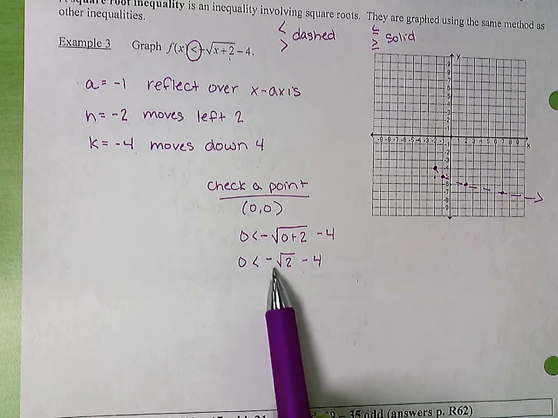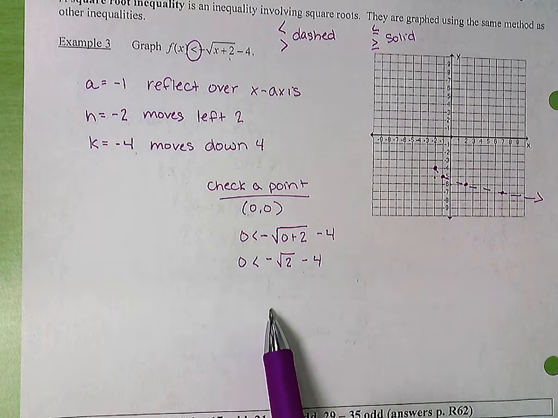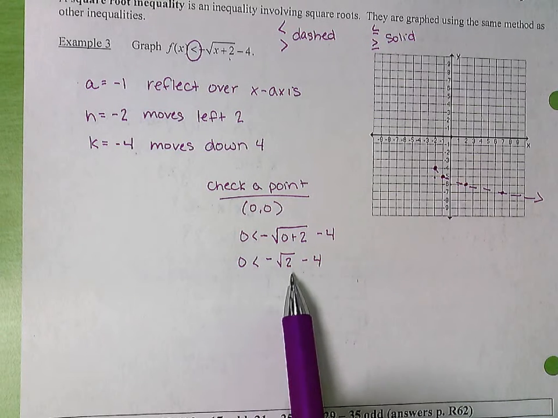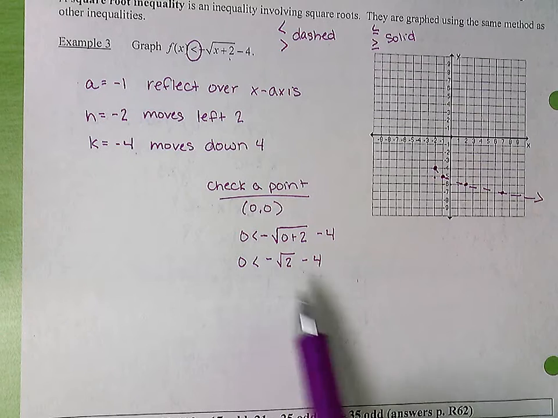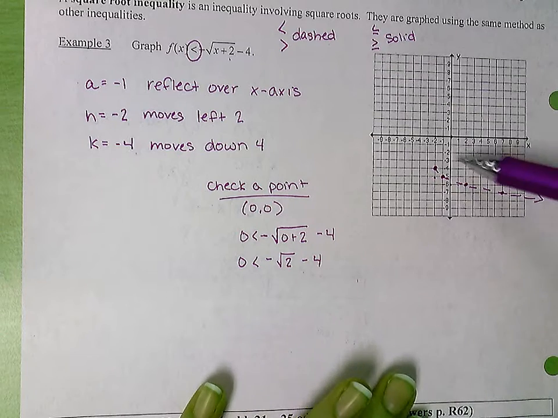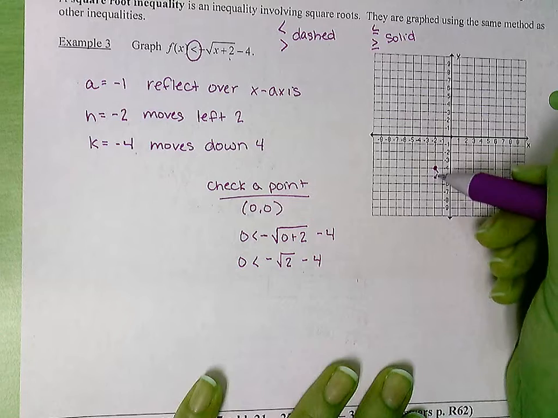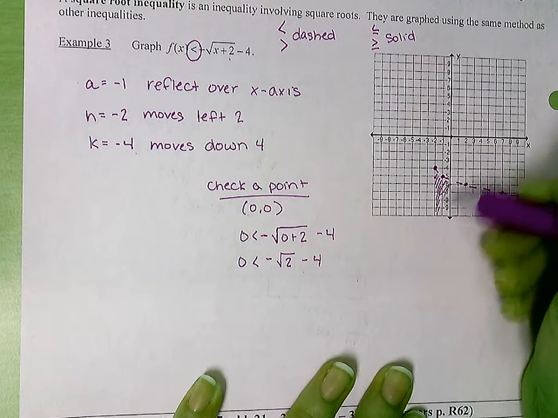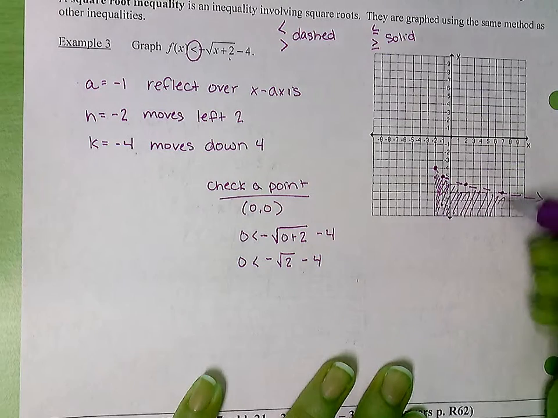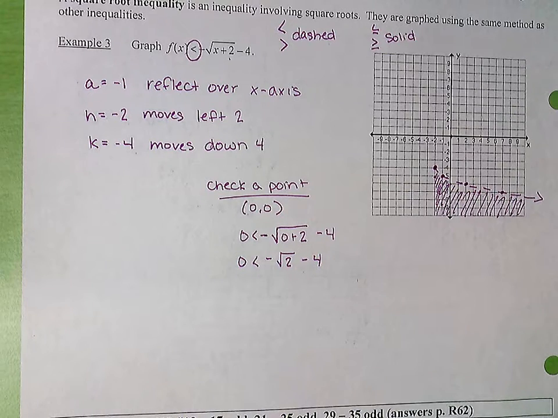Is a negative greater than 0? No. 0 is greater than any negative number. So up here does not work, meaning you need to shade down below that line. Now, from your vertex point, you don't extend past that. You go straight down from that vertex point and shade.